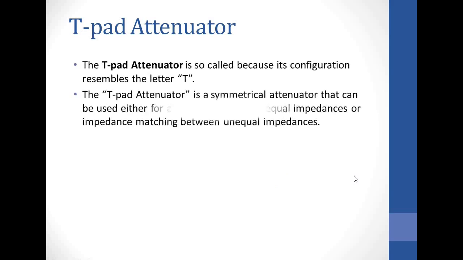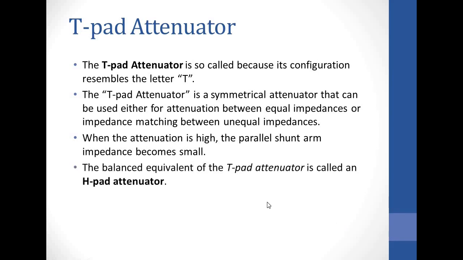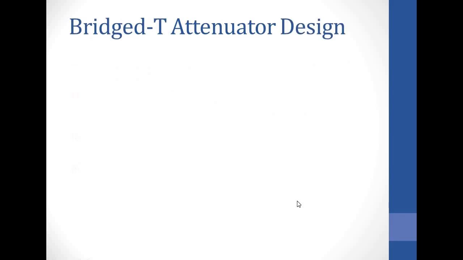So it forms a letter T, and it is symmetrical, which means it can be used between equal impedances for impedance matching. Again, when you balance it, it forms an H configuration.